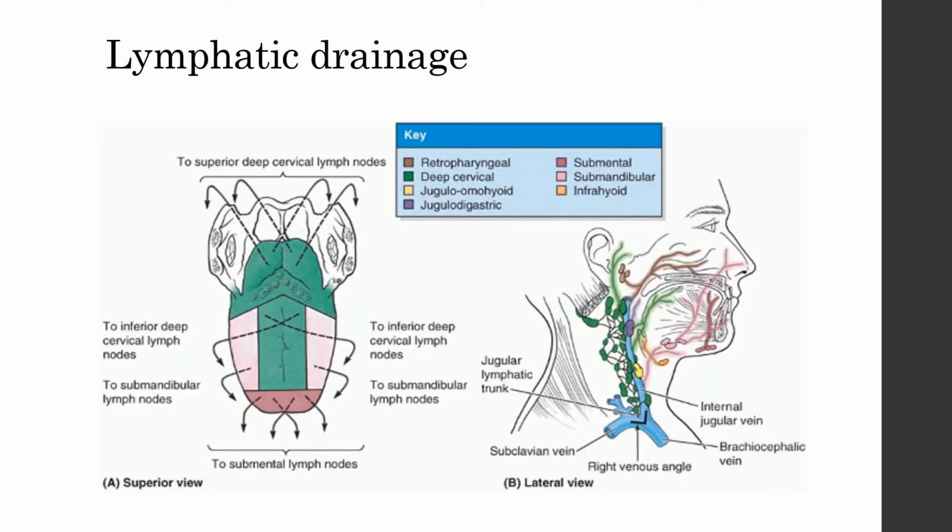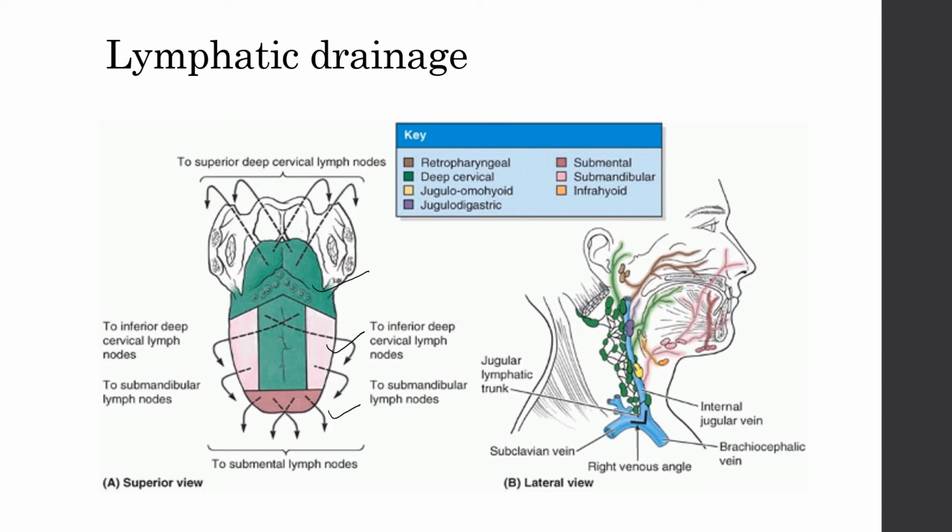Coming to the lymphatic drainage, now the tongue has a very wide lymphatic drainage and a rich lymphatic supply. So the lymphatics are divided into the lymphatics from the apex, the apical group, then the lymphatics from the sides of the tongue, the lymphatics from the central zone, and the lymphatics from the posterior aspect.